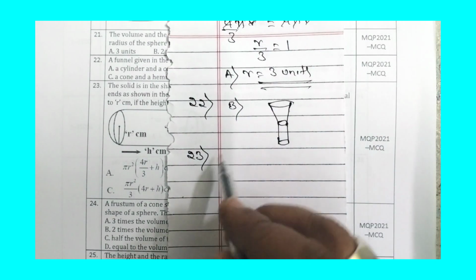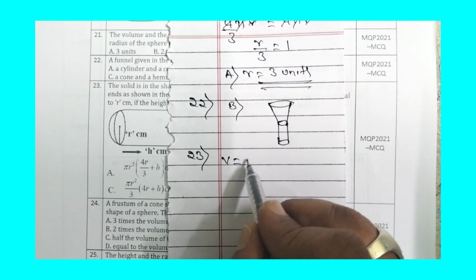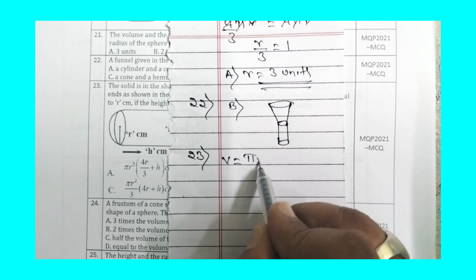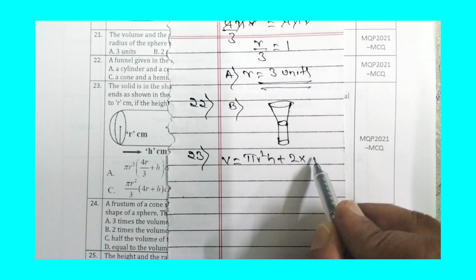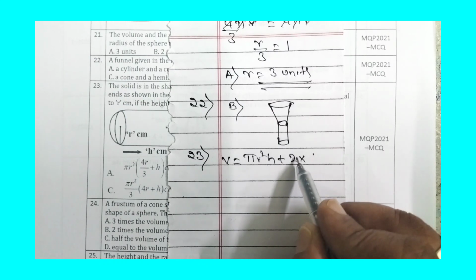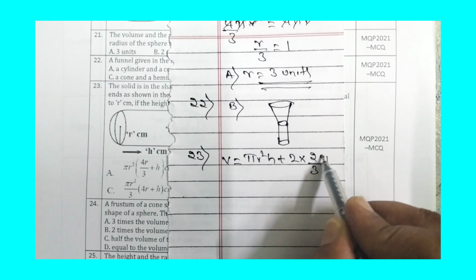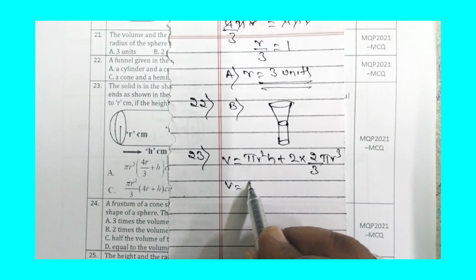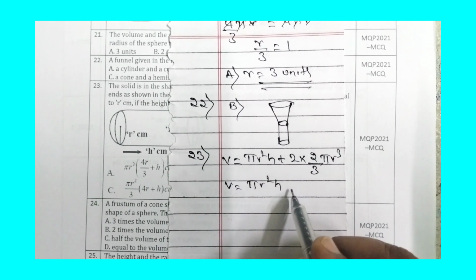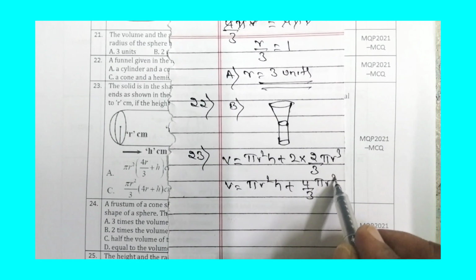So for this one, volume of solid is equal to volume of cylinder, pi r square h, plus 2 into volume of hemisphere. So 2 hemispheres are there. Volume of one hemisphere is equal to 2 by 3 pi r cube. So the volume is pi r square h plus 2 times 2 by 3, that is 4 by 3 pi r cube.